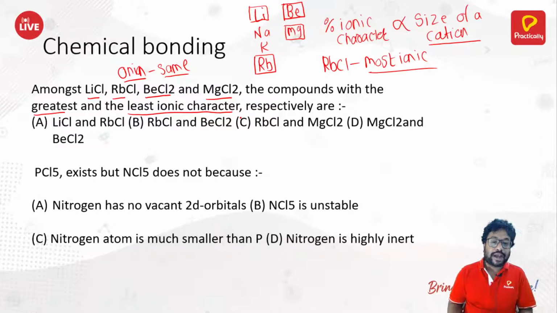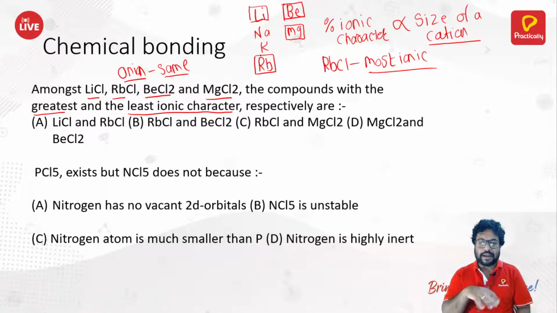Now many of you might think it's lithium. No. See, if you're talking about rubidium and lithium, yes, lithium is smaller, rubidium is larger, but that is for the particular group. If you're talking about a period, whenever you're going from left to right, the size decreases.